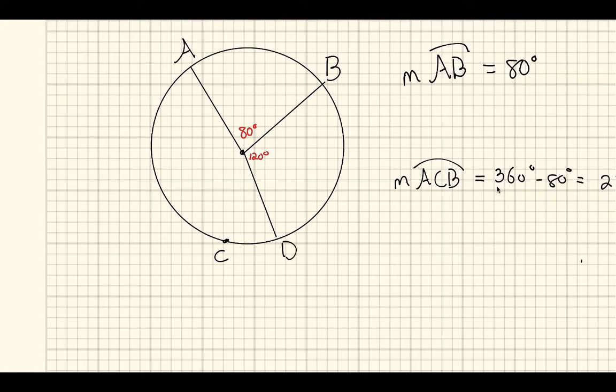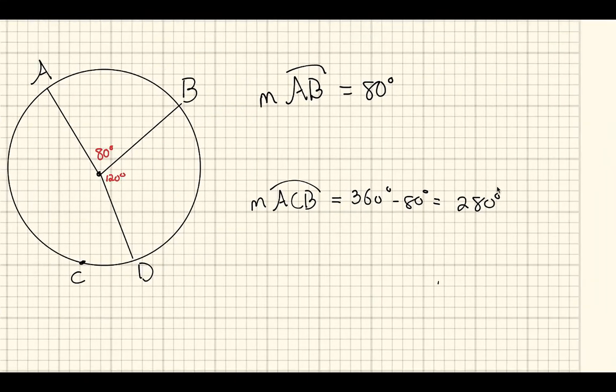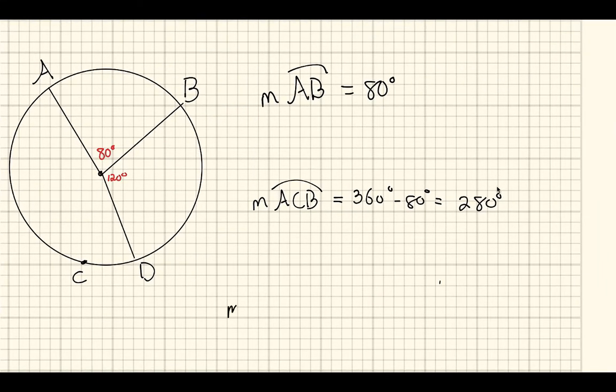We can add two arcs just like we can add two angles. Like if I wanted to add the measure of AB plus the measure of BD, that's just going to be their arc measures added. So 80 plus 120, that's going to give us AB plus BD. That is 200 degrees.